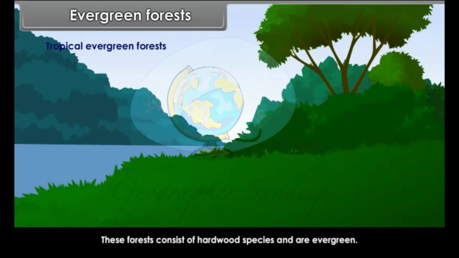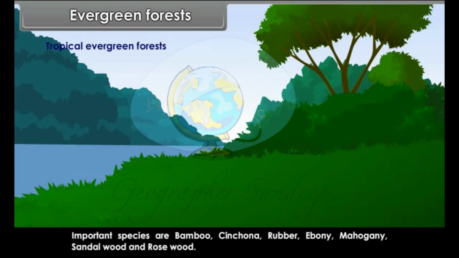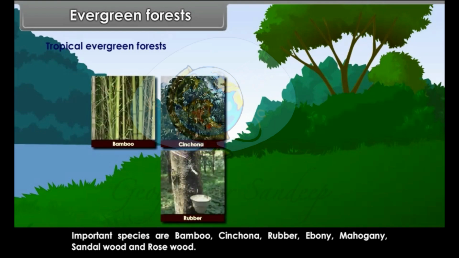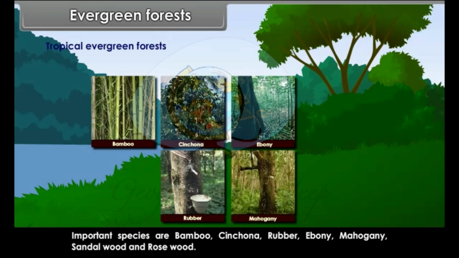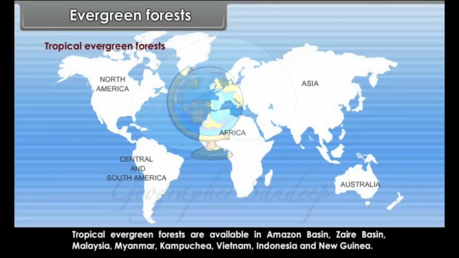These forests consist of hardwood species and are evergreen. Important species are bamboo, cinchona, rubber, ebony, mahogany, sandalwood and rosewood. Tropical evergreen forests are available in the Amazon Basin, Zaire Basin, Malaysia, Myanmar, Cambodia, Vietnam, Indonesia and New Guinea.